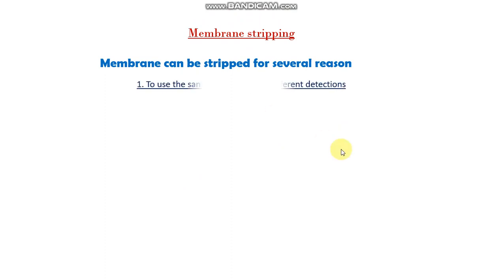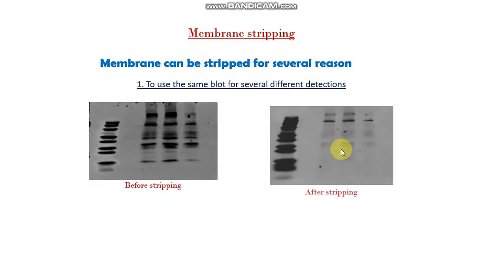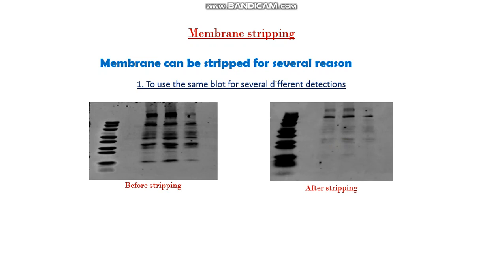I hope that you know about membrane stripping, so I will not discuss it in detail. The membrane can be stripped for several reasons. Number one is to use the same blot for several different detections. Number two is to make corrections.